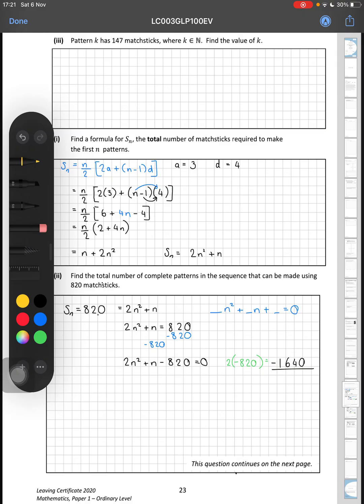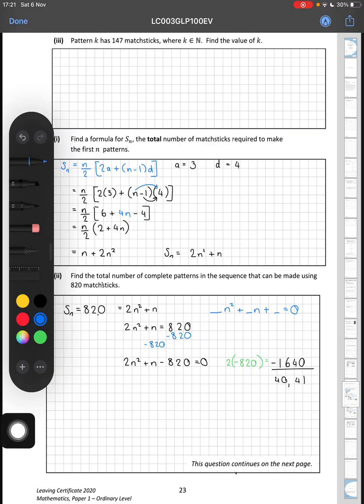So here I want to use something really close to the square root. I'm just going to type into my calculator the square root of 1640, and I get 40.4969 and so on. So I'm going to check, is 40 a factor of this 1640.